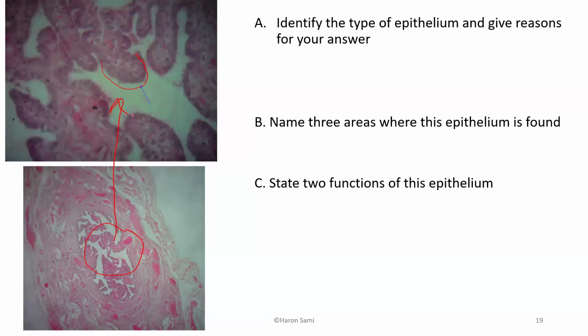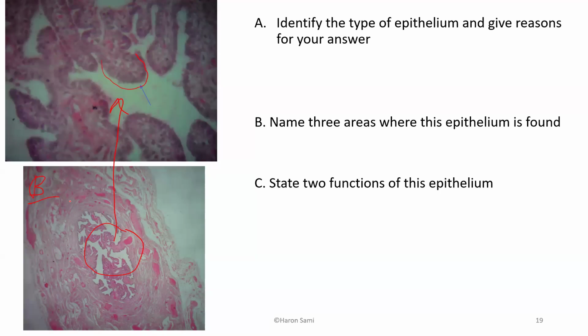So what organ is this one, by the way? Where do you think these come from? Jejunum, uterus, uterine tube. Whoever has said uterine tube or fallopian tube, that's correct. This is the fallopian tube, or the uterine tube, or the oviduct. That's not jejunum.